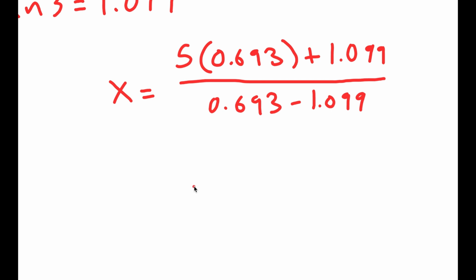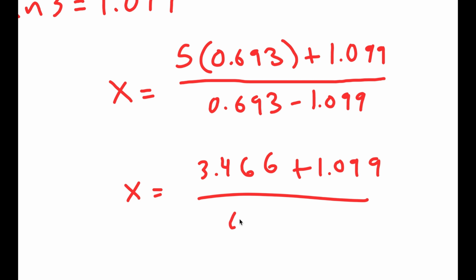Now, 5 times ln 2, or 0.693, is equal to 3.466. So I have this plus 1.099 over 0.693 minus 1.099.